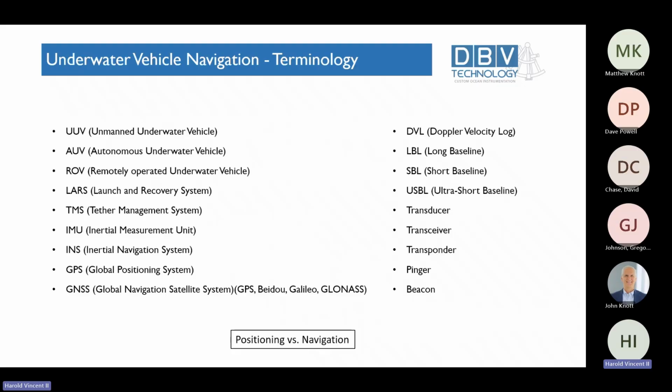And then there's two electronic devices, both of which have transducers as part of them, which is the transceiver and the transponder. A transceiver and a transponder both have the capability of transmitting and receiving acoustic signals through the transducer. So why two terms? Well, the transceiver starts by transmitting and then receives, number one.